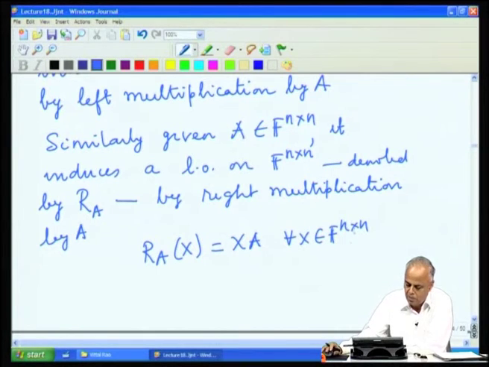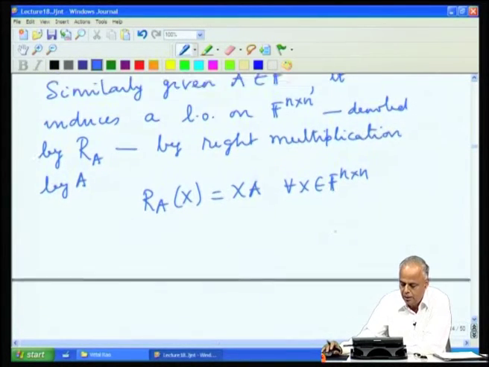By the same arguments as above, we can verify that this is also a linear operator.